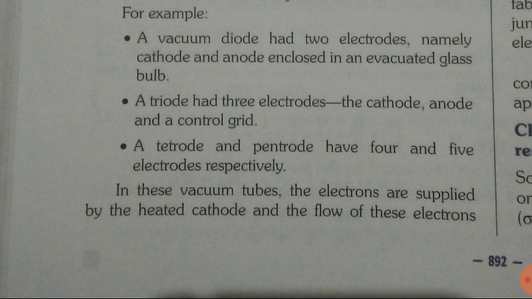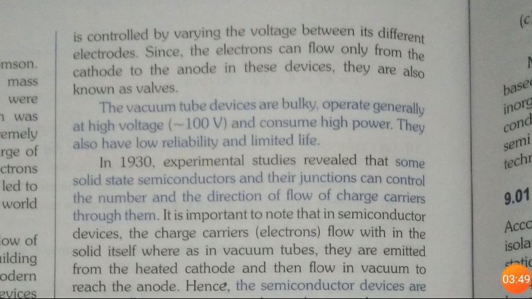In these vacuum tubes, the electrons are supplied by the heated cathode, and the flow of these electrons is controlled by varying the voltage between its different electrodes. Since the electrons can flow only from the cathode to the anode, that is from negative to positive charge, in these devices, they are also known as valves.